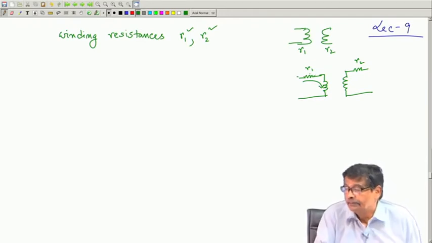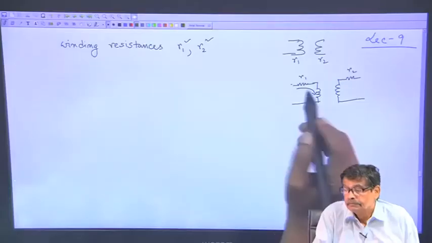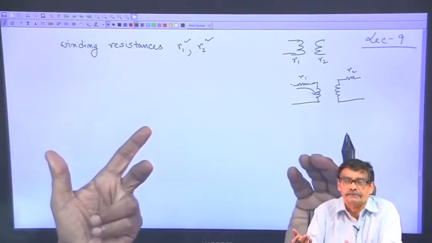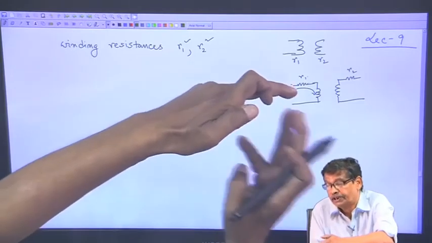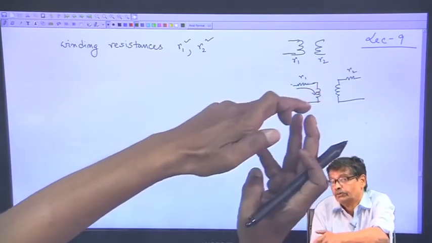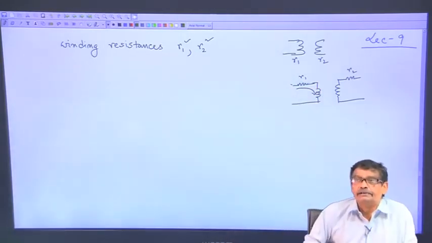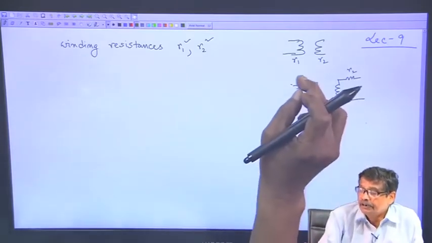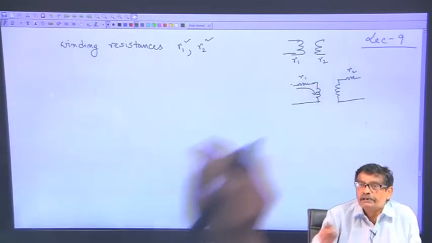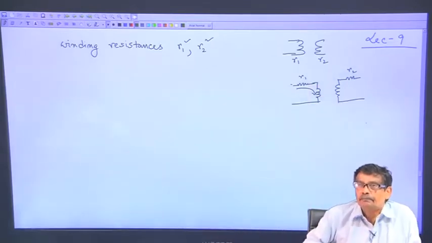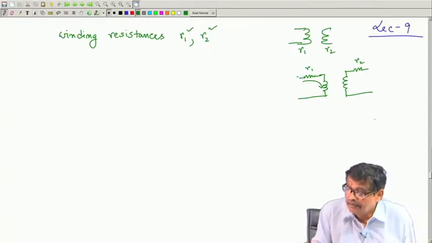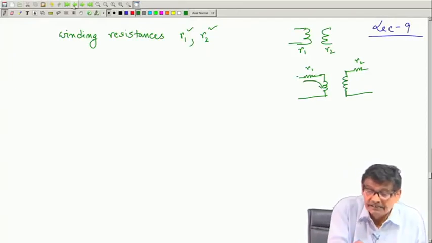Applied voltage minus this drop is going to create flux. Not this full voltage is going to produce your magnetizing current, because a portion of the voltage will be dropped in R 1. Got the point?